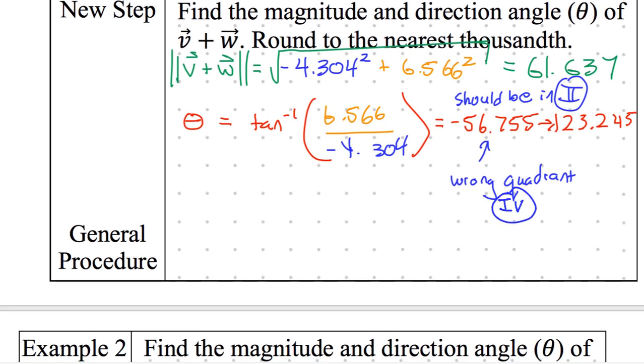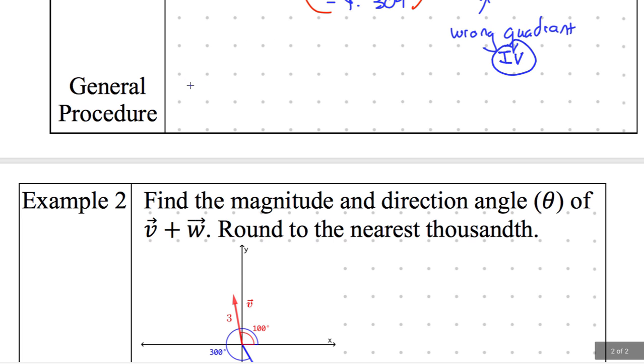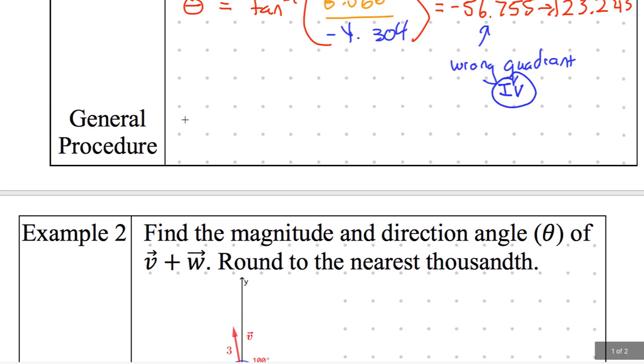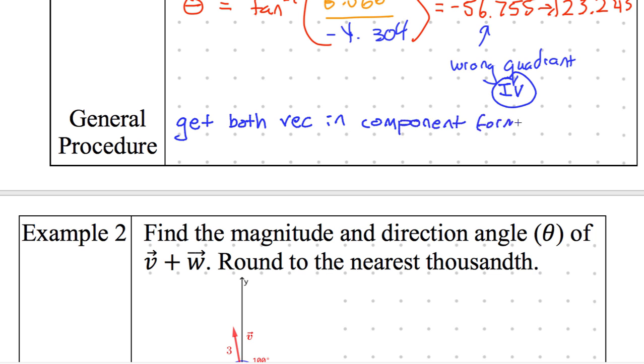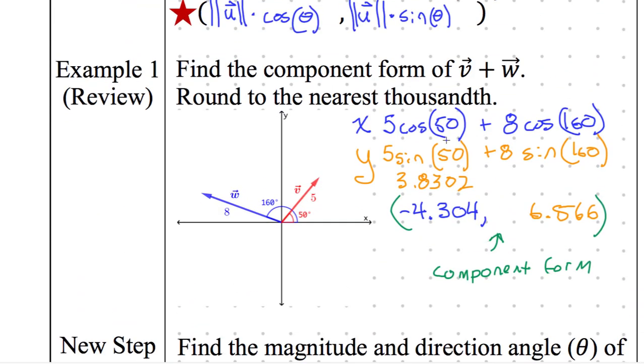All right, let's write out our general procedure and then we can decide whether or not we want to try another problem. So the general procedure is this. Get both vectors in component form. We did that by doing this procedure up here.